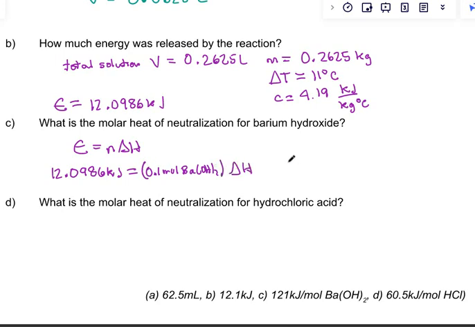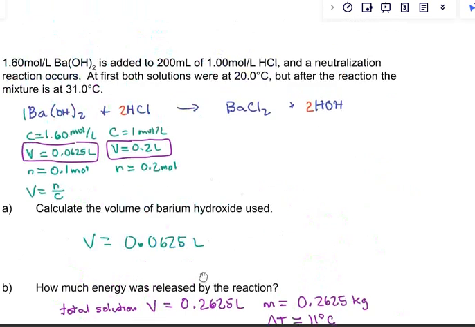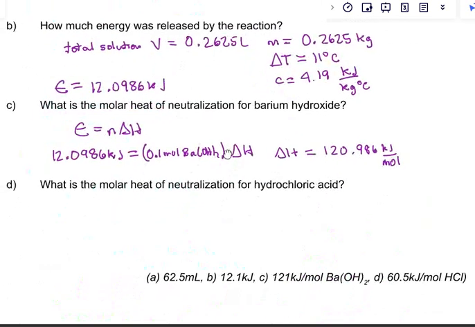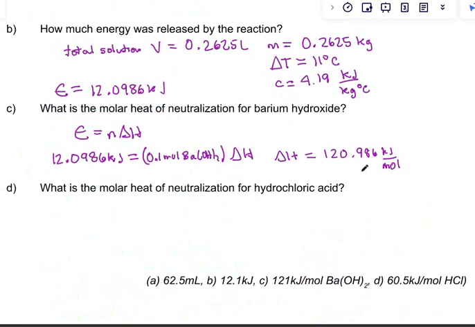Divide both sides by 0.1 and we get the heat of neutralization is 120.986 kilojoules per mole. If we're being good about sig digs, it's 3, isn't it? Yeah, everything up there is 3. So we should trim this down to 3 significant digits, which would give us 121 kilojoules per mole.